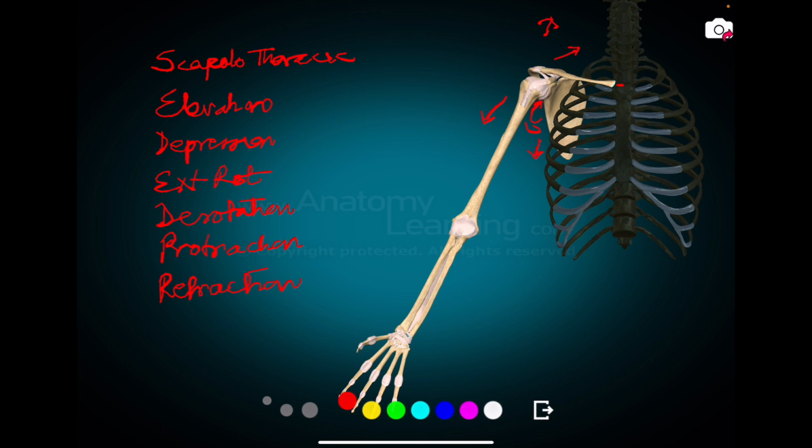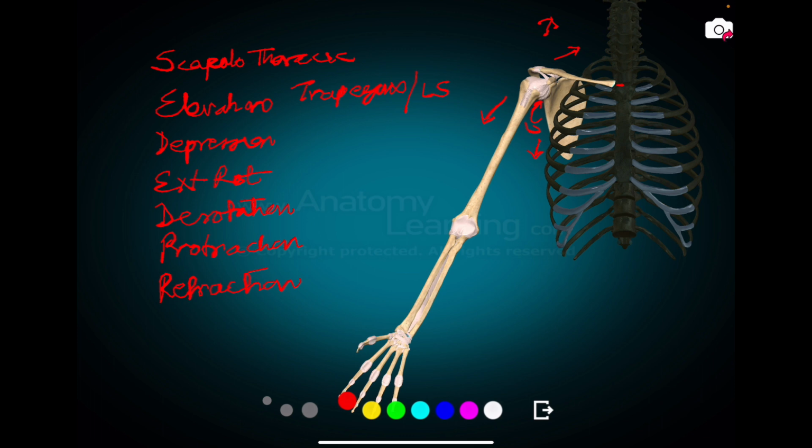The muscle that elevates is attached to the superior part of the spinous process, and it's called the trapezius. It is the main muscle that elevates, but there's also one other muscle, the levator scapulae.